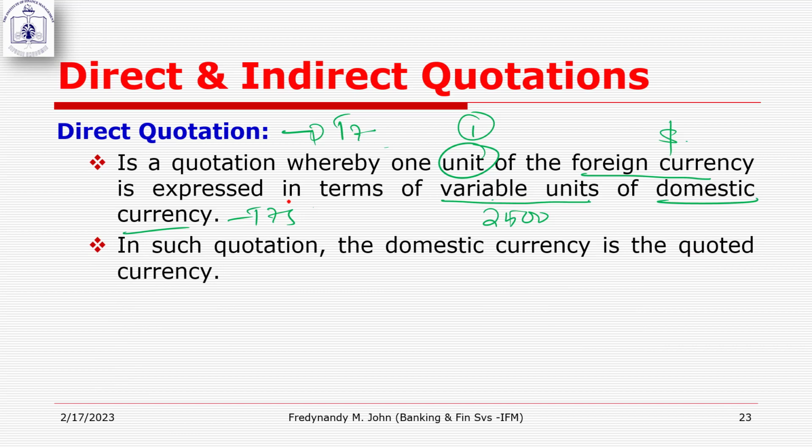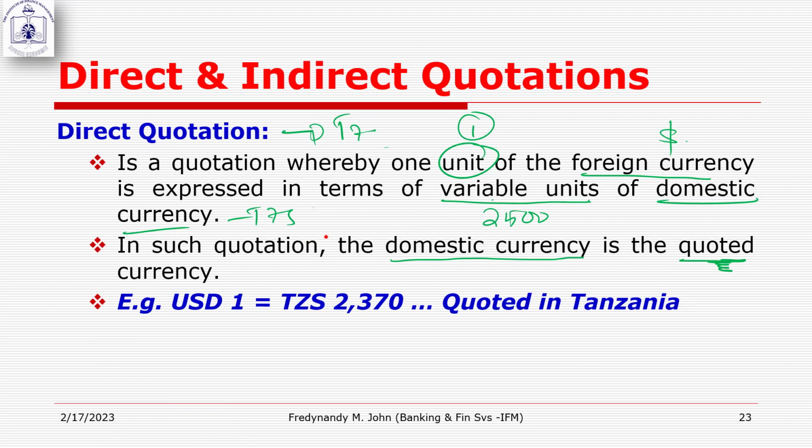So, in that quotation, the domestic currency is simply the price currency or the quoted currency, whereas the foreign currency is simply a base. So, on this expression here, assuming that the quotes were done in Tanzania, where Tanzanian shillings is the domestic currency, 1 USD equals Tanzanian shillings 2,370.